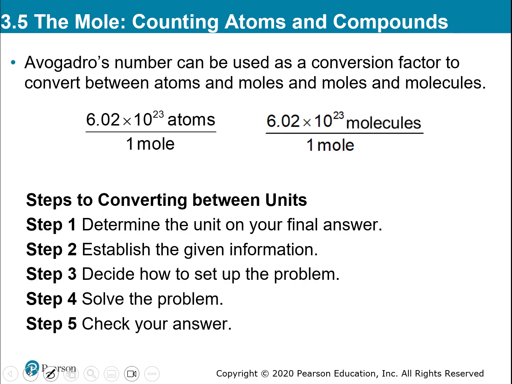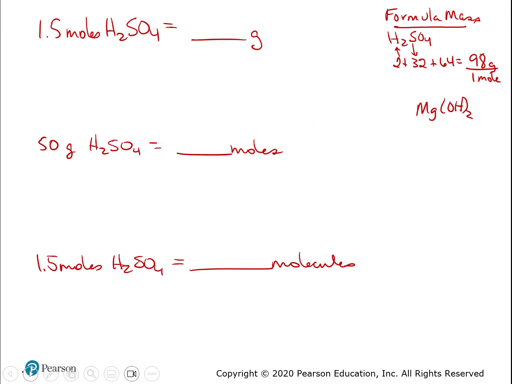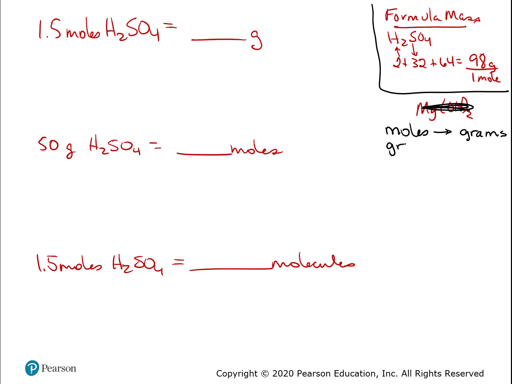So that's why we're just going to practice a couple of these. So here's the first one. Remember, we did this. If I give you moles and grams, if you see moles to grams or grams to moles in your problem, then you know you need to use the formula mass.